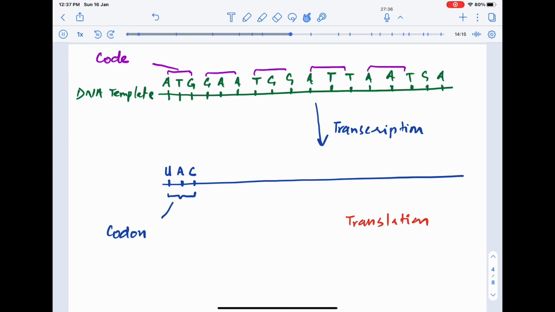So the sequence of other codons is also complementary to the other codes on this DNA molecule, and so on.